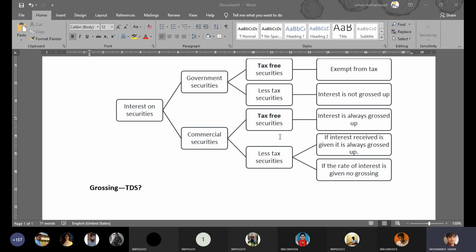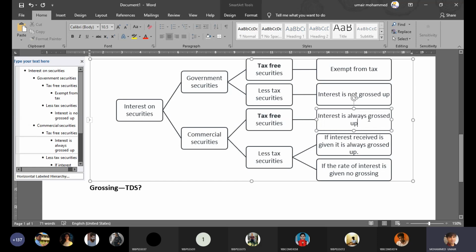For example, if I buy debentures of Reliance Industries Limited, Reliance Industries Limited will give me the income, but the responsibility of paying tax is undertaken by Reliance itself. So since Reliance is giving me net income after deducting tax and the tax is already paid by Reliance, I have to add the tax back. So that's the reason you should do grossing.